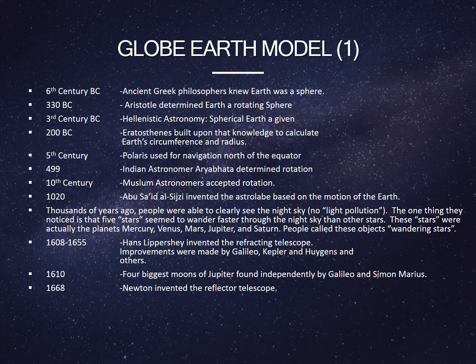In 200 BC, thereabouts, Eratosthenes built upon that knowledge to calculate Earth's circumference and radius. And we hear about Eratosthenes a lot because he calculated the circumference. But you can see how it was built on previous knowledge. 5th century AD, Polaris was used for navigation north of the equator.